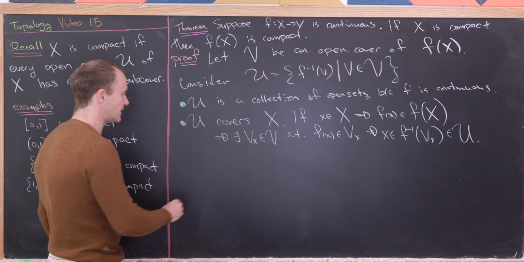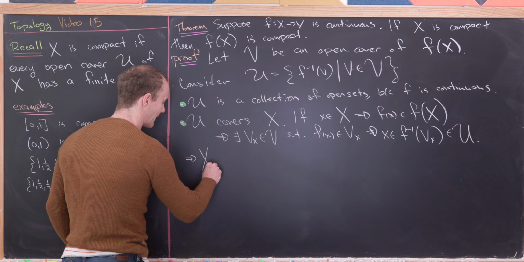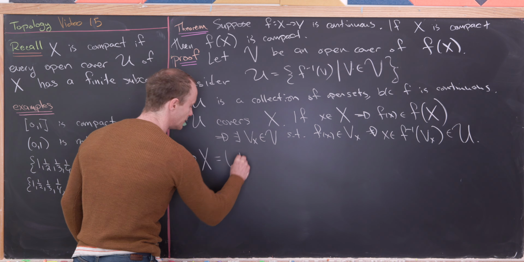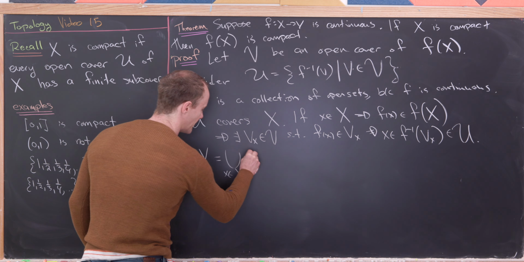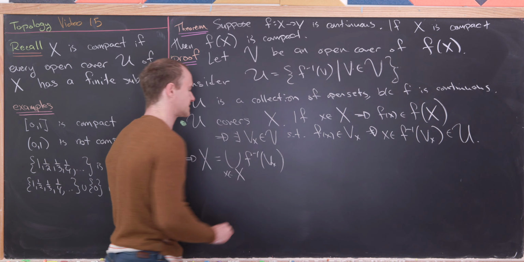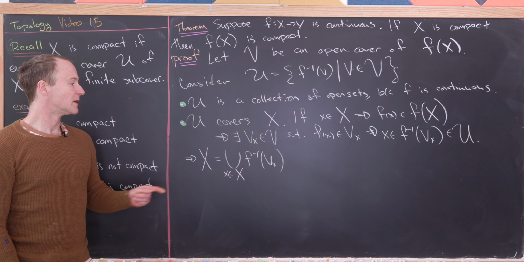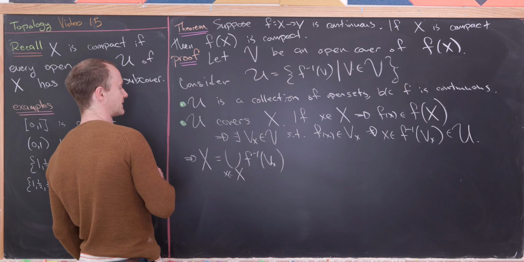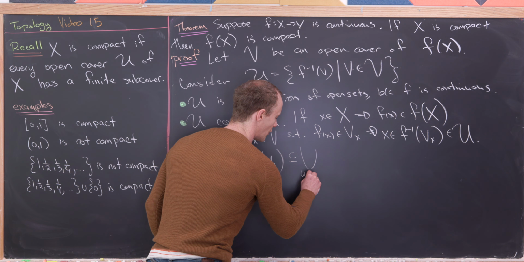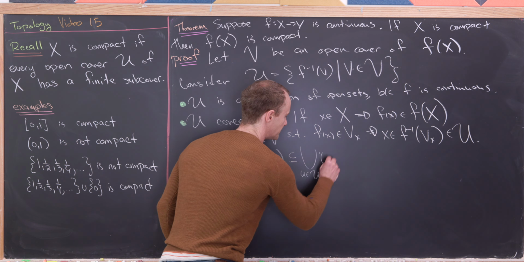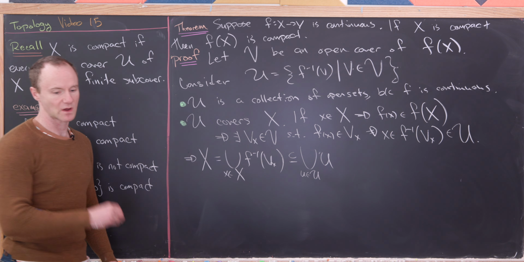Okay, great. But then that means the following: that capital X is equal to the union over all x in X of the pre-image of V_x. Now, this is not a union of everything inside of our script U, but it's definitely a union of a subset of things in our script U, meaning that this is a subset of the union over all U in script U. But anyway, that just means that we have shown that U covers X. Okay, good.